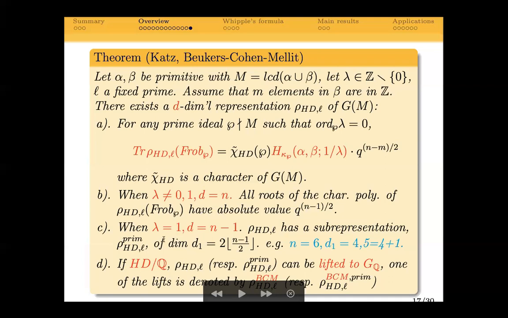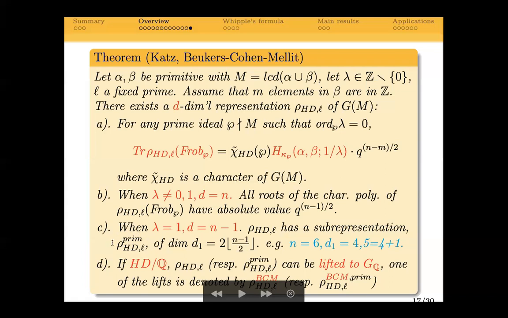However, when lambda equals 1, due to the so-called Cauchy reflection, the dimension drops to 1 less compared to the generic case, as we have seen for the quintic case. Originally it's 4 and then it drops to 3 when lambda equals 1. And moreover, this 1-less-dimensional Galois representation might also have a primitive part.